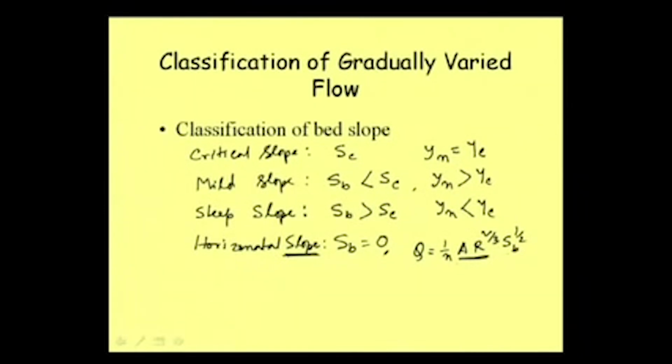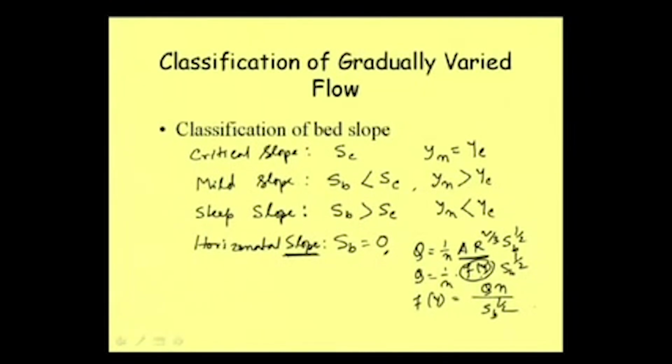So, if I write this as a function of y, then we can write Q is equal to 1 by n into function of y into S_b to the power half. If I try to find out y, that is the normal depth y, which remains in this part, then this function of y we can express as Q n divided by S_b to the power half.